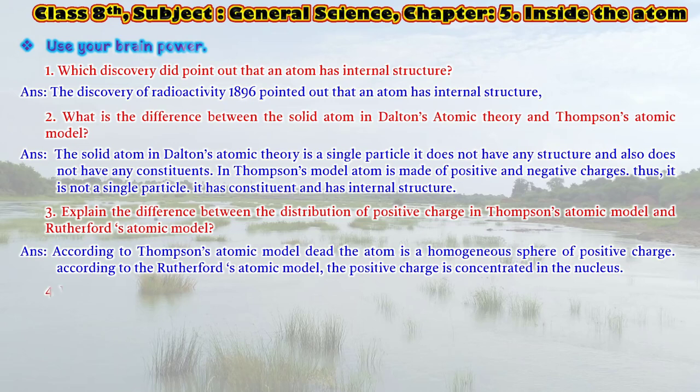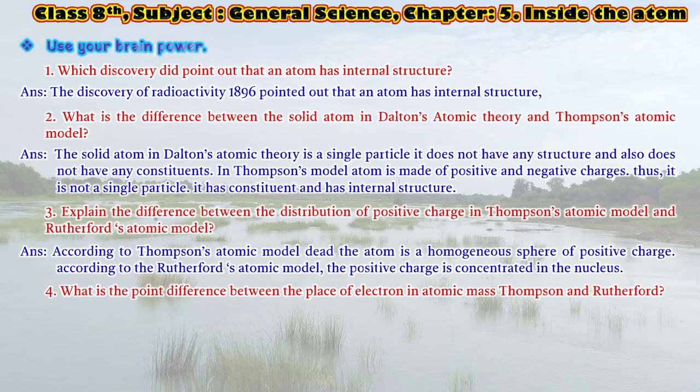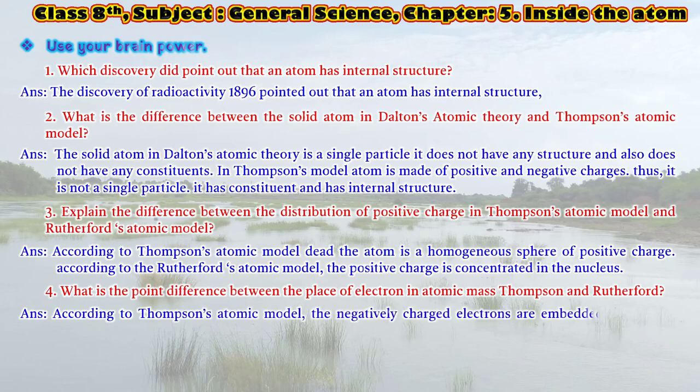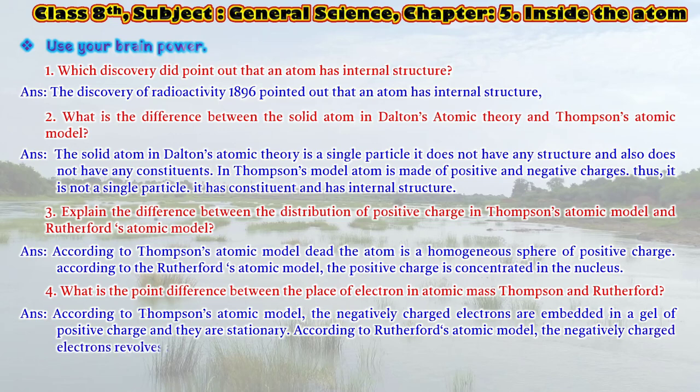Fourth question is: what is the difference between the place of electrons in the atomic models of Thomson and Rutherford? Answer: according to Thomson's atomic model, the negatively charged electrons are embedded in a gel of positive charge and they are stationary. According to Rutherford's atomic model, the negatively charged electrons revolve around the nucleus.